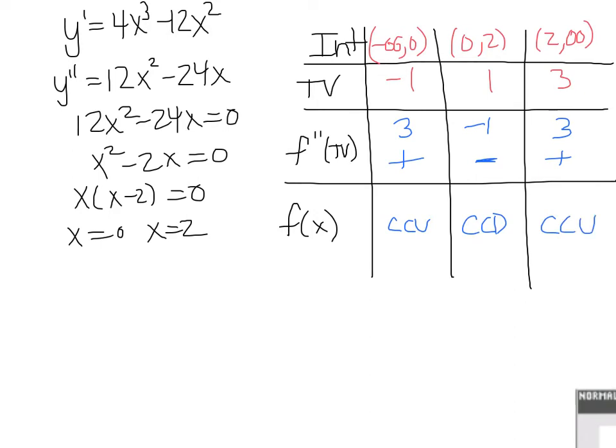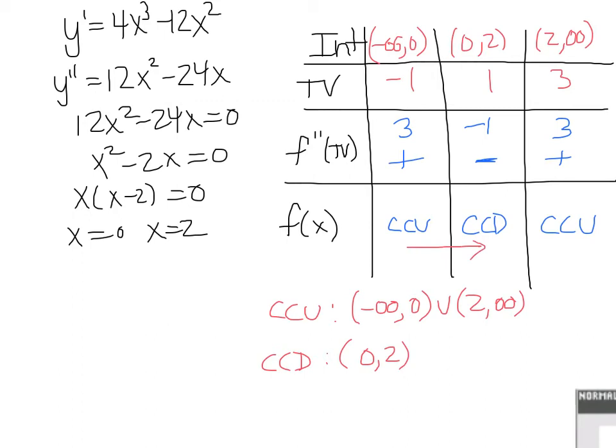So in terms of intervals of concavity, I am concave up on the interval -infinity to 0, union 2 to infinity. I am concave down on the interval just 0 to 2. In terms of what we talked about a little bit today in class, when we go concave up to concave down, when we see a change in concavity from positive to negative for the second derivative, it identifies 0 as a location of an inflection point.